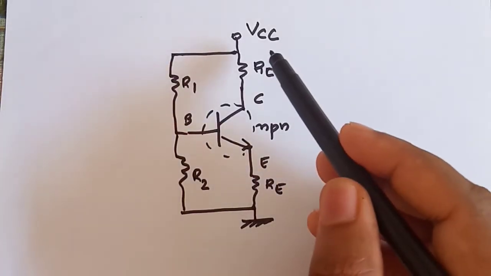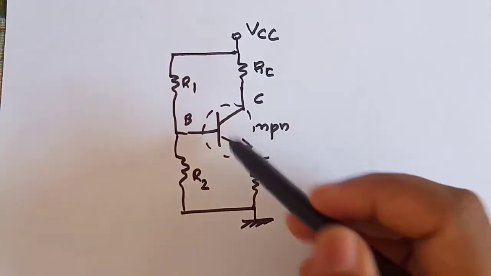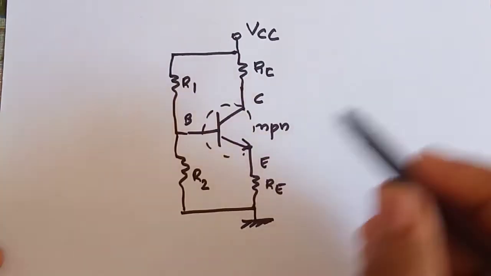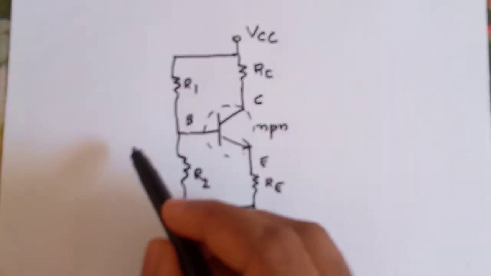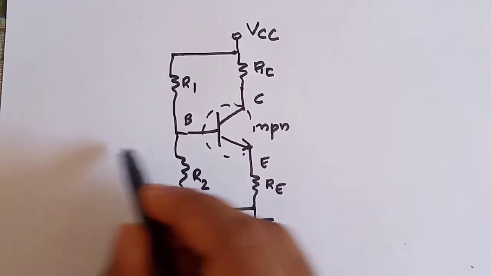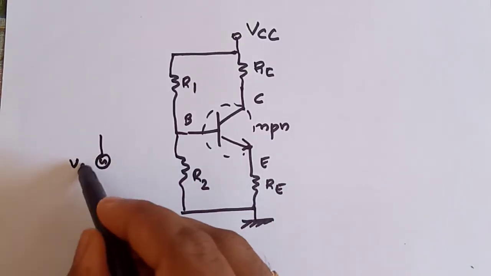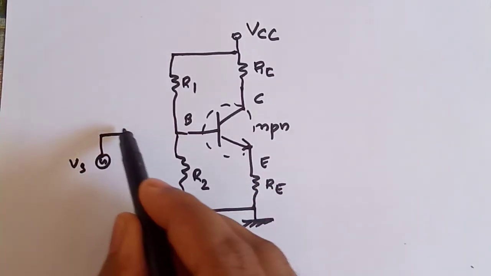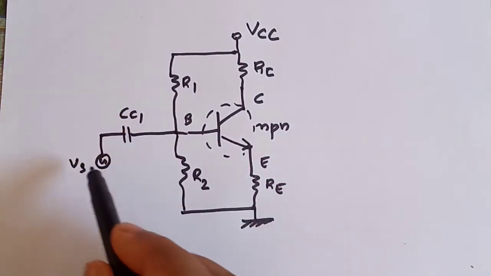With this DC supply, the transistor is ready to work in the active region and a distortionless output is obtained at the collector. The next thing is we need to give the input. The signal which has to be amplified is fed to the base. So draw that input Vs, and it is coupled to the base of the transistor with the help of a coupling capacitor Cc1.